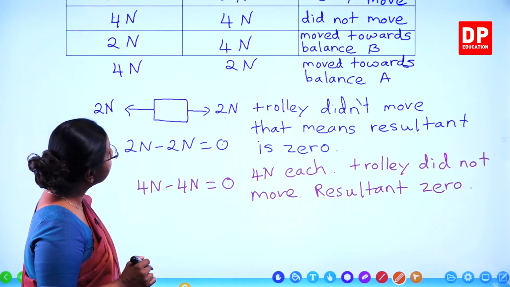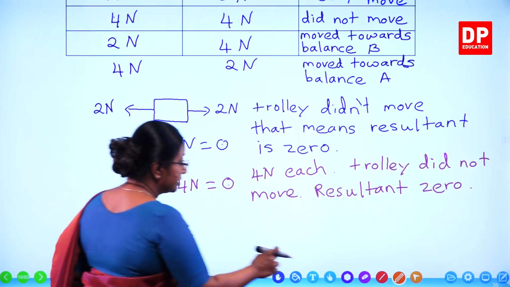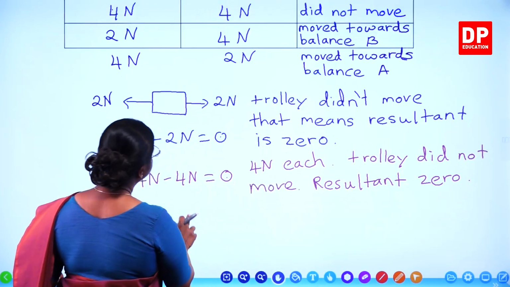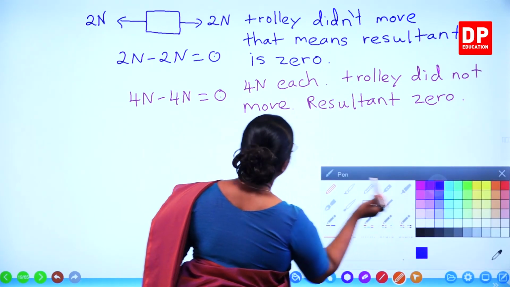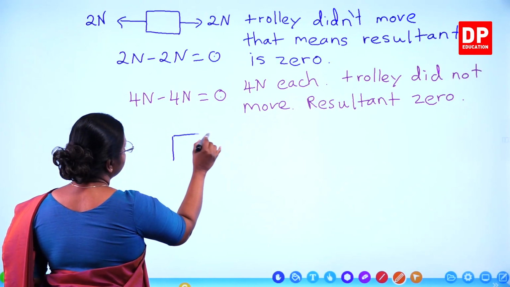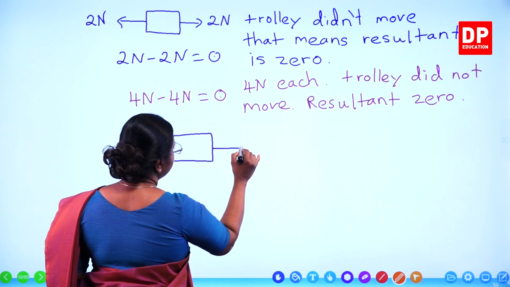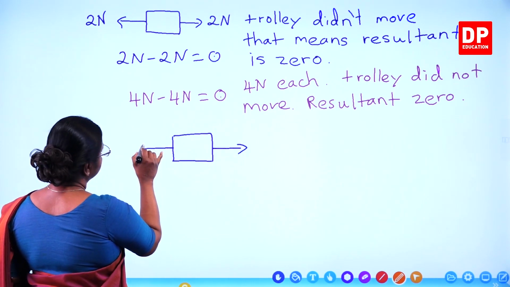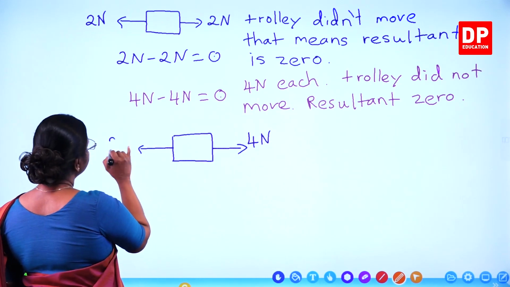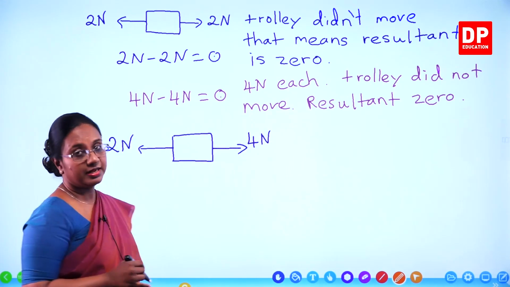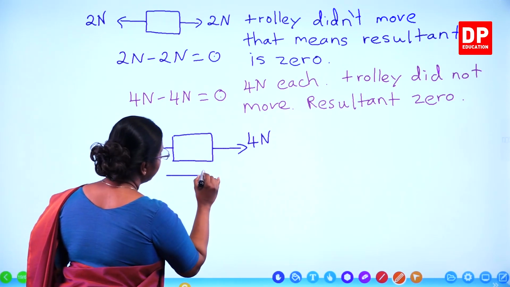Then in the next two instances, initially you can remember we had the trolley like this. If we say we apply a force of 4 Newton here, 2 Newton towards this side. How did the trolley move?